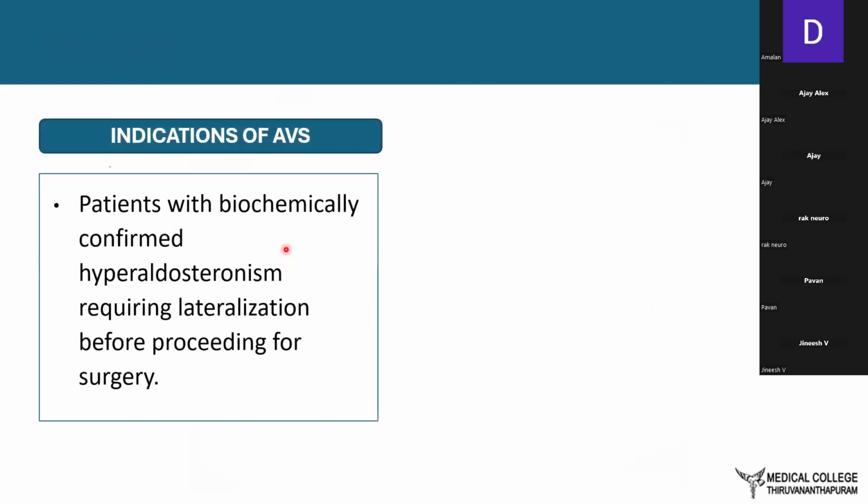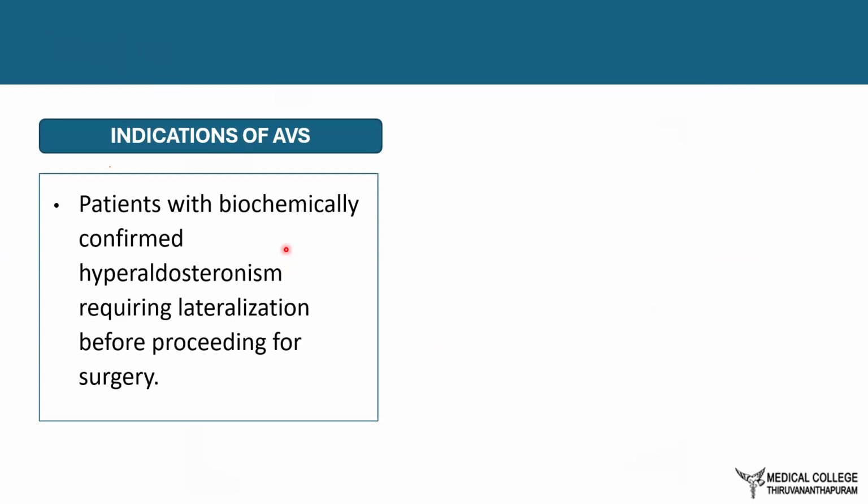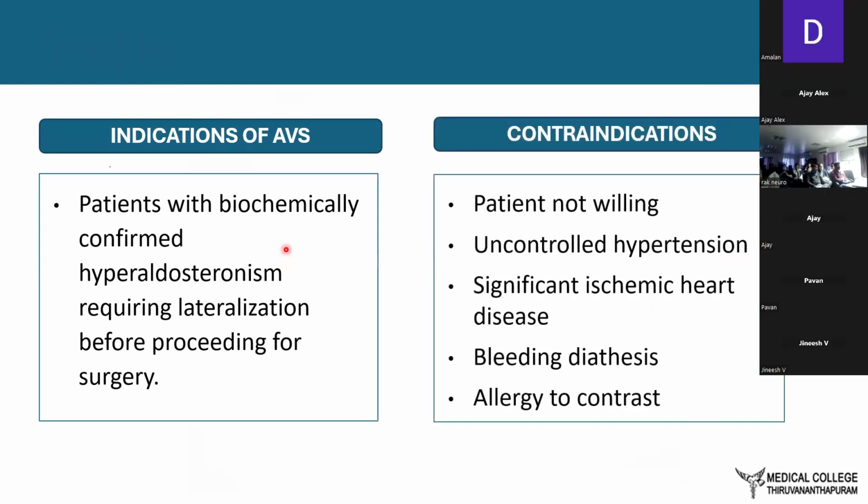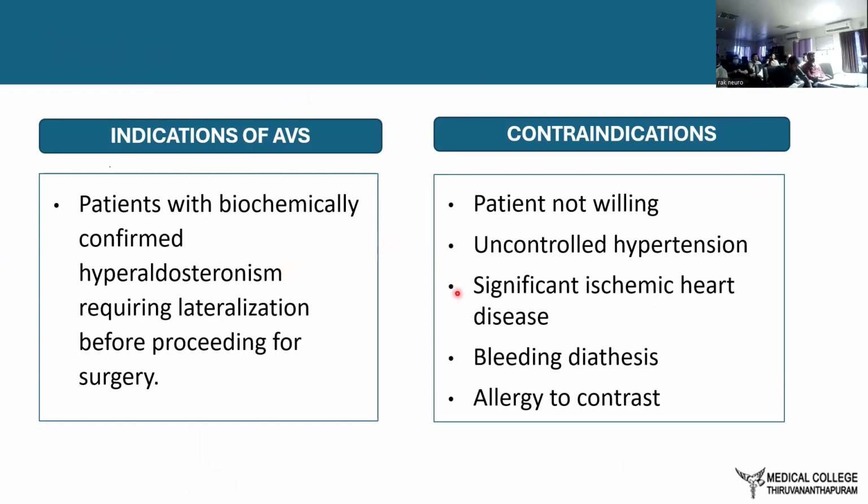Now, the indication for AVS is patients who are biochemically confirmed to have hyperaldosteronism and who require lateralization of which adrenal is to be removed via surgery. In general, the contraindications are uncontrolled hypertension, significant ischemic heart disease, any bleeding issues, or allergy to contrast, all of which have remedial measures that can be taken before your AVS.